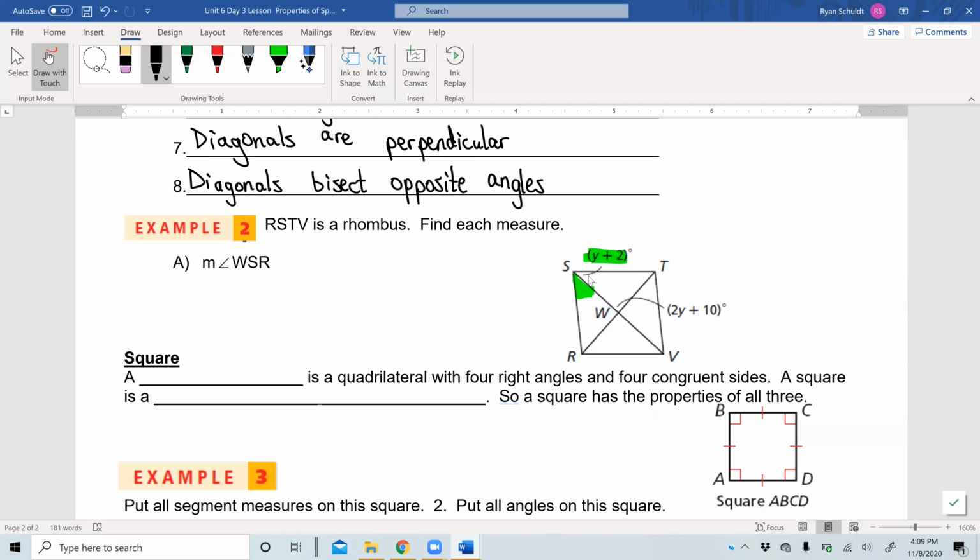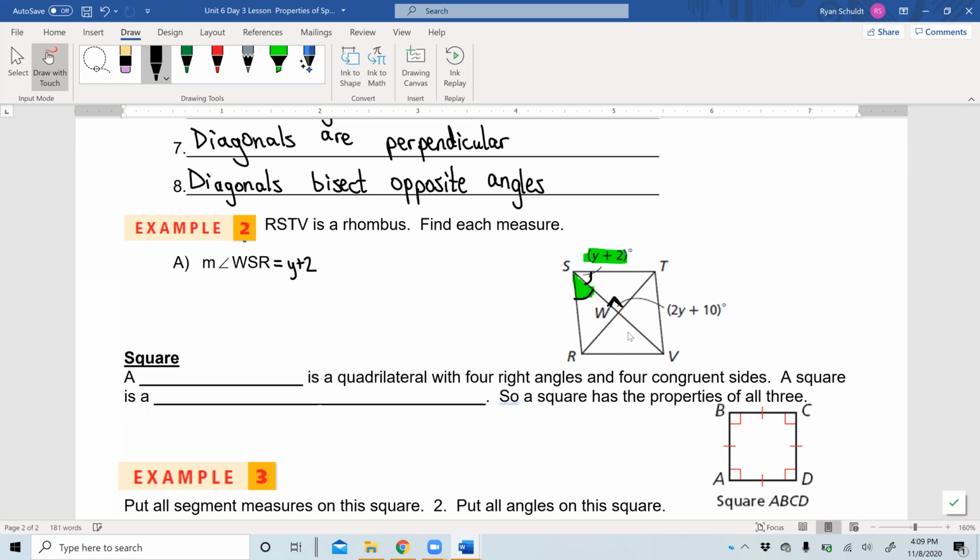Because remember, this angle and this angle are congruent to each other. But now, to get y, okay, so fine. This is y plus 2, got it. What's y? Well, that's over here in this corner, but what do we know about diagonals?